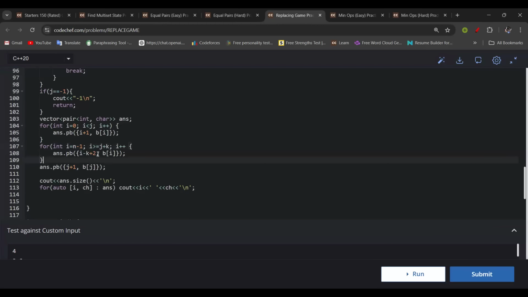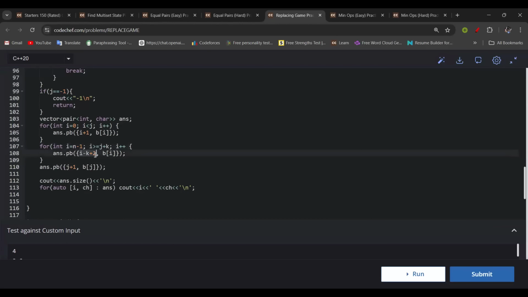So j plus k is the right end after which my k consecutive elements are ending. So from the last index up till j plus k, this is the right part that I have to replace. So I would push back in my answer.